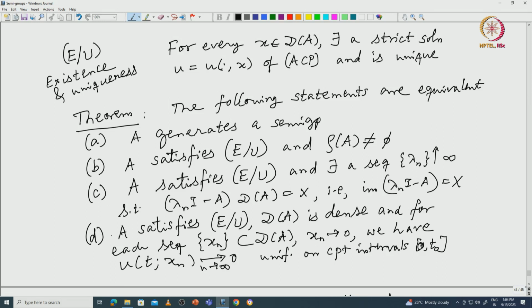In applications we want easily verifiable conditions, that is important. I wanted to state a similar theorem for second order equations, but I am running out of time, so maybe I will do it some other time, because we require that for the wave equation. Before discussing the wave equation, I will say something about second order equations.